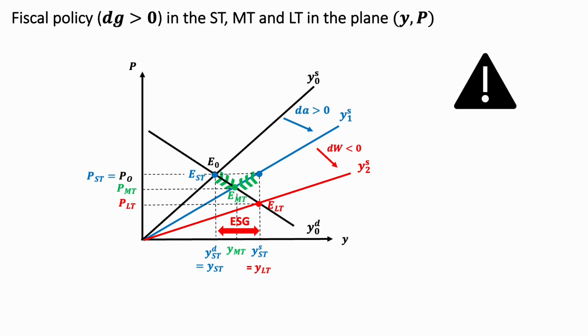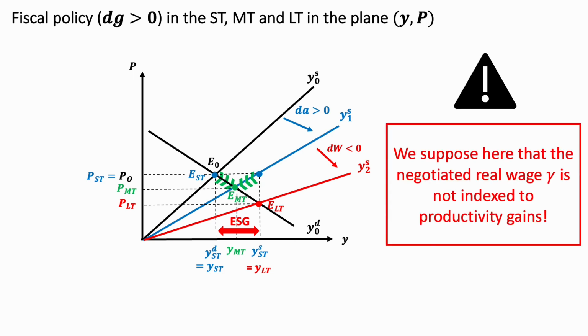One thing to note, though, up to now, we assumed that the negotiated real wage did not vary between the initial situation and the final situation. In other words, we assumed that gamma remained the same before and after the shock.